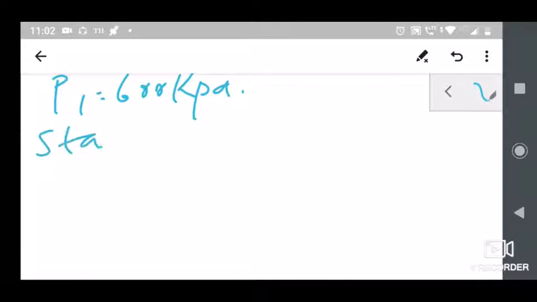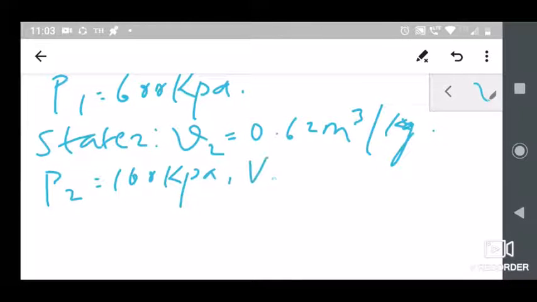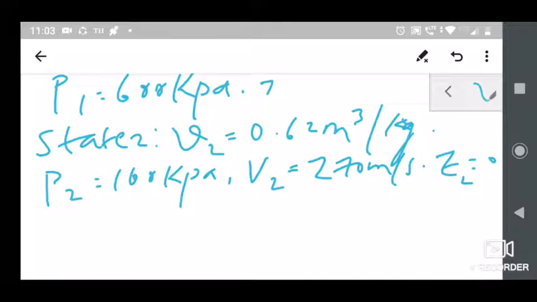Next, state 2. Specific volume is 0.62 meter cube per kg, P2 is 100 kilopascals, V2 is 270 meters per second, and Z2 is 0, and here Z1 is 32 meters.